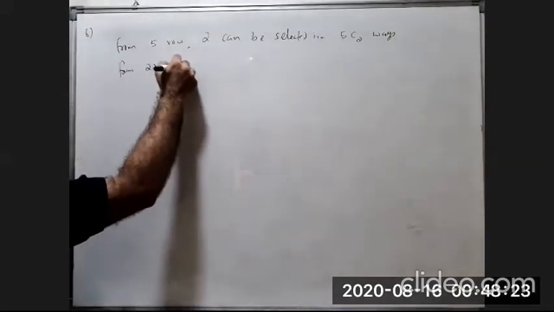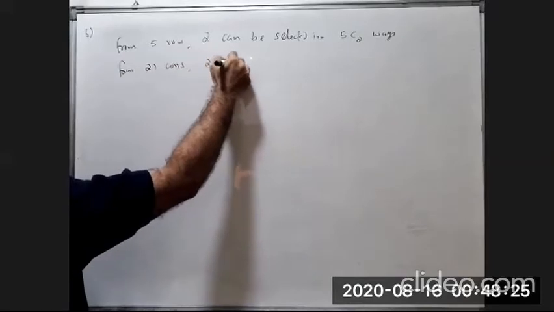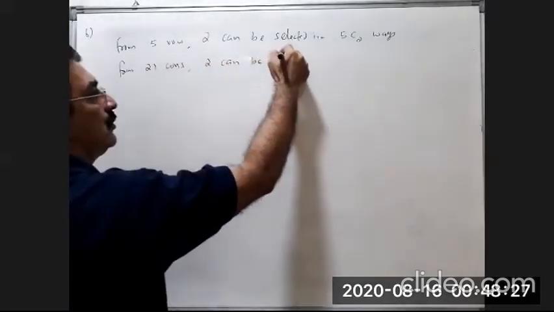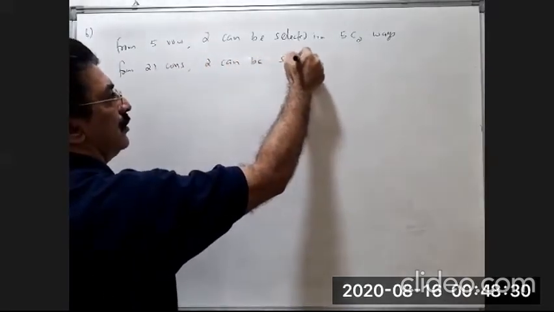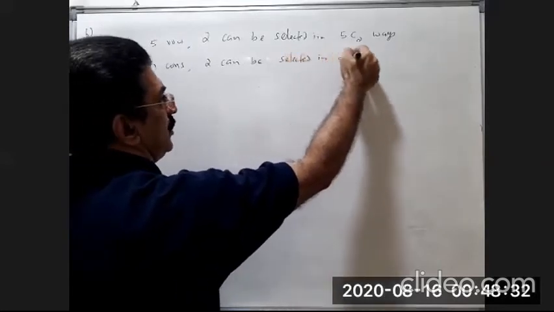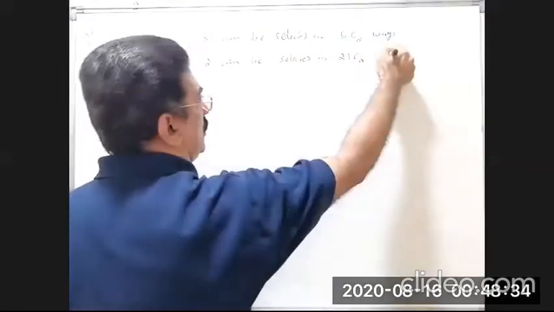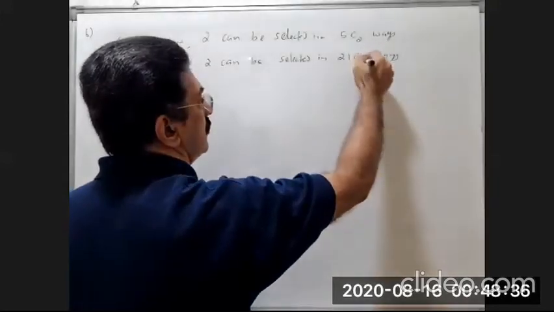From 21 consonants, 2 can be selected in 21C2 ways.